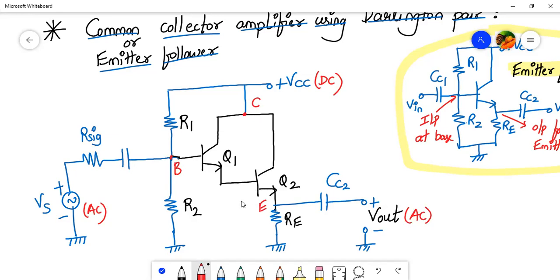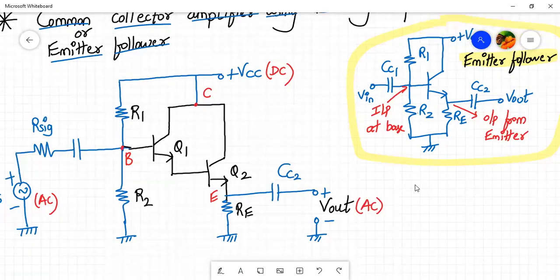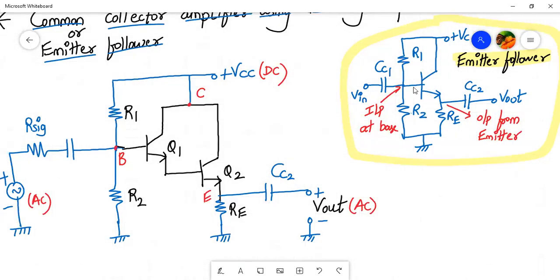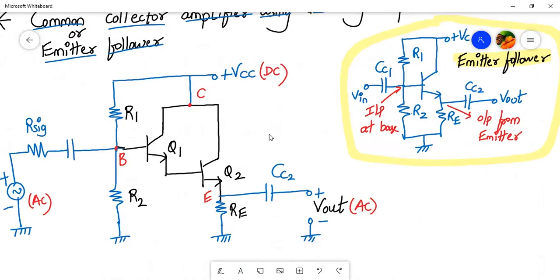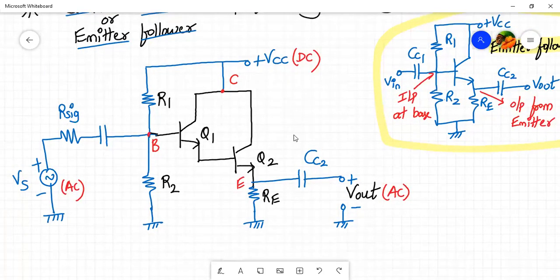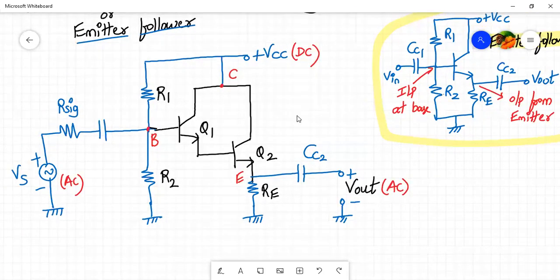Now, this is how the circuit diagram looks. For an emitter follower, you can compare it with this one. The only thing we did was, instead of a single BJT, we have connected a Darlington pair unit. Is that fine? Yeah. So please note down the circuit diagram.